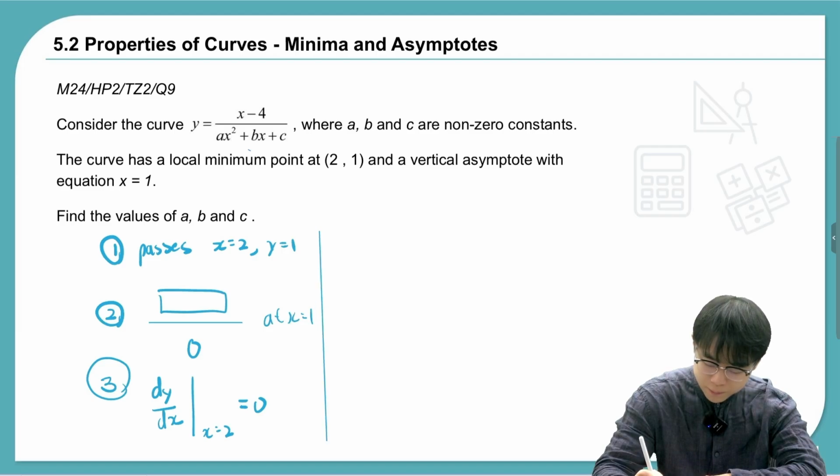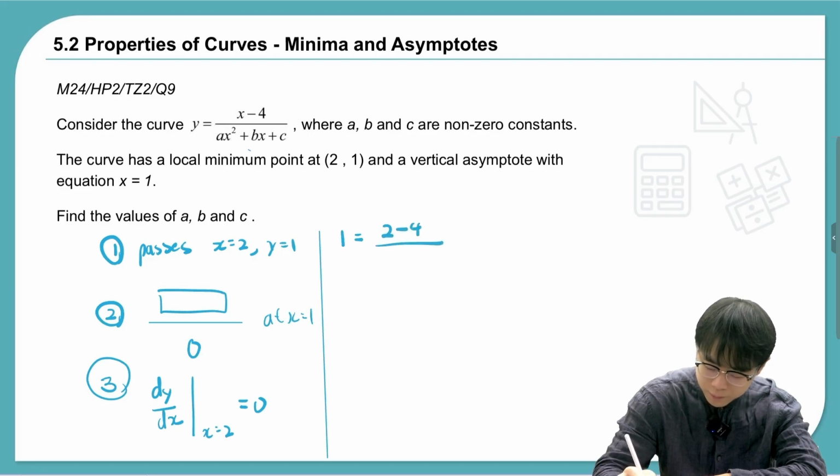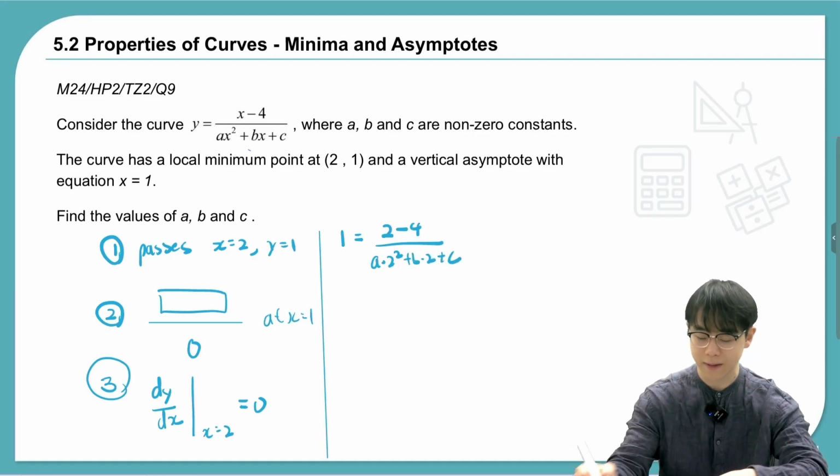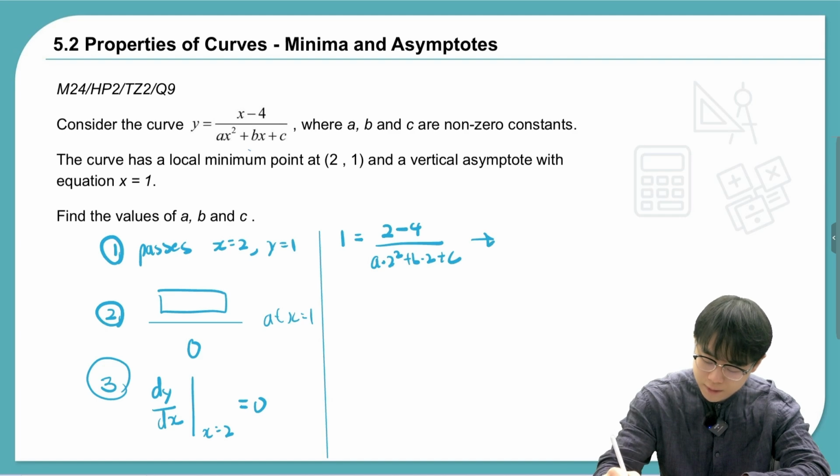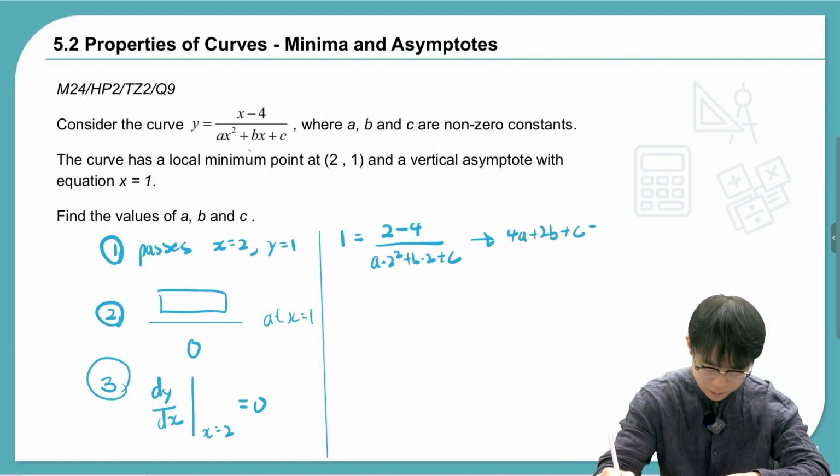So for the first part, we could say 1 equals (2 minus 4) all over (a times 2 squared plus b times 2 plus c). And if you were to simplify this, this should give us 4a plus 2b plus c is equal to minus 2.